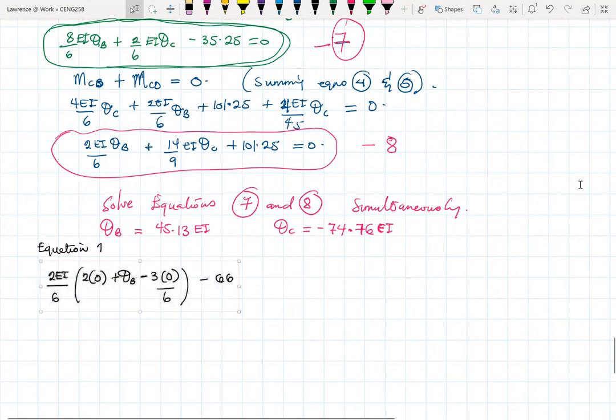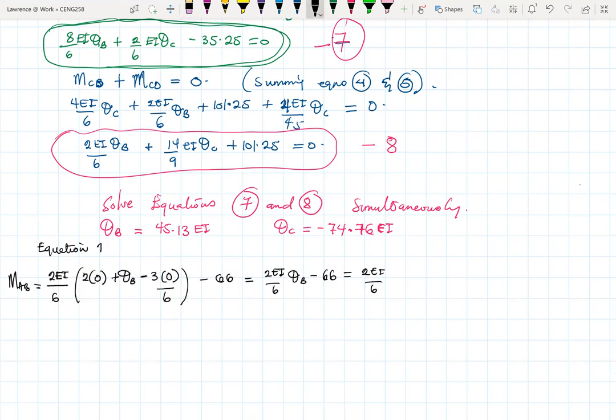So this is my equation 1, right? So I simplify it as over 6 EI over 6. Have I made a mistake with something? Sorry, I think it should be over EI rather. Let me make these corrections before I move on.